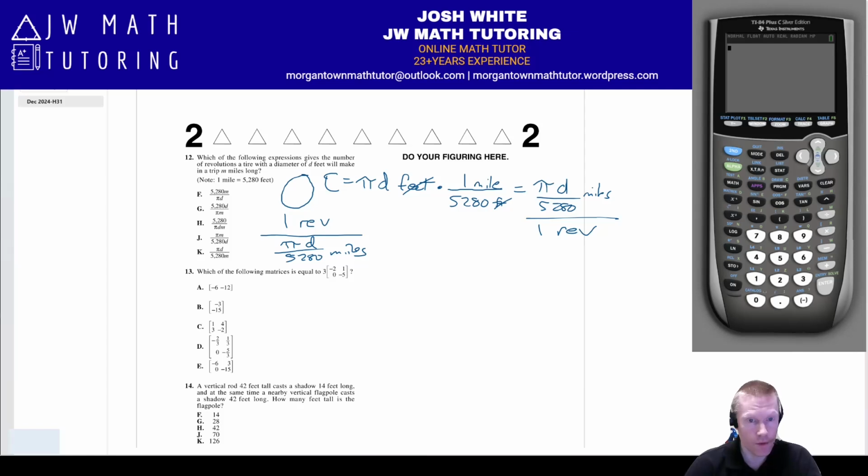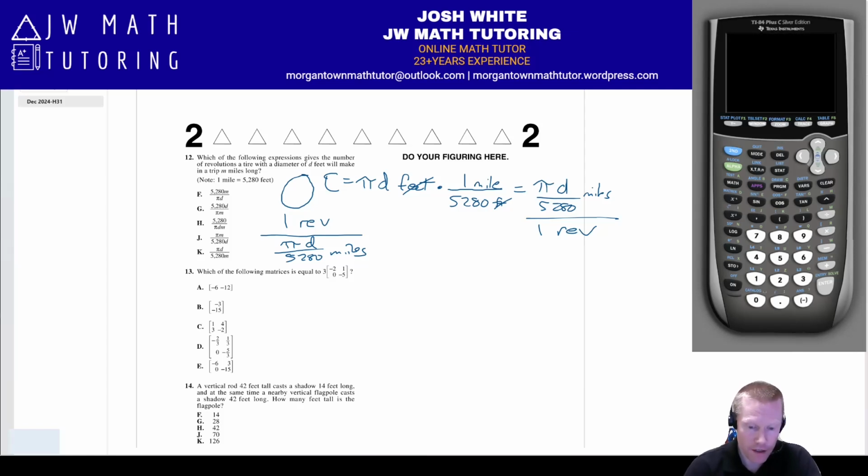Now, if you simplify this, the 5280 goes to the top and the pi times d stays on the bottom. The miles stay on the bottom and the revolution stays on the top.